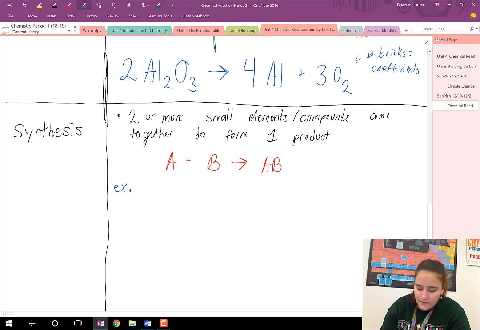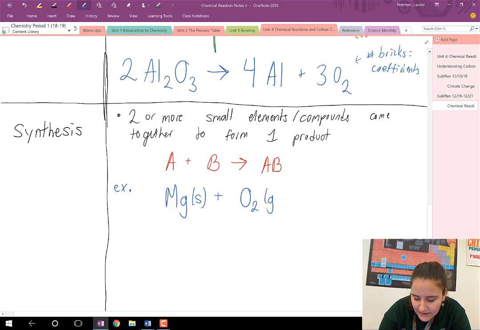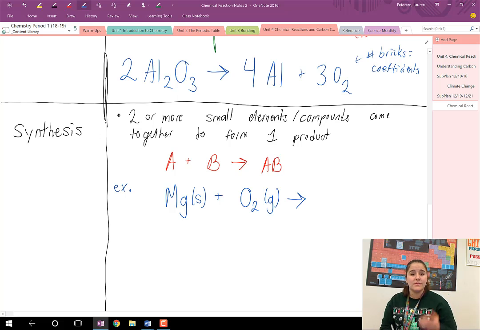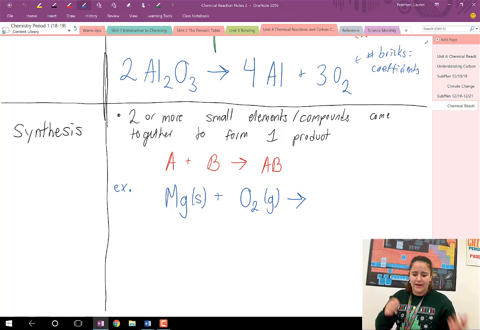Okay, so let's look at an example. Let's look at magnesium solid reacting with oxygen gas. Okay, so the magnesium is my A, and my oxygen is the B. So now all I need to figure out is, okay, if I have magnesium and oxygen, put them together, I have magnesium oxide.